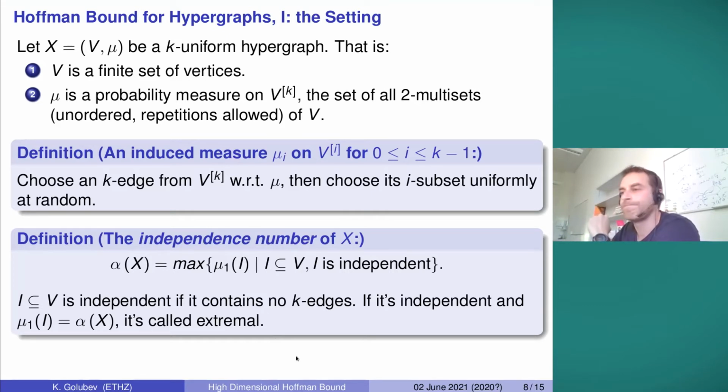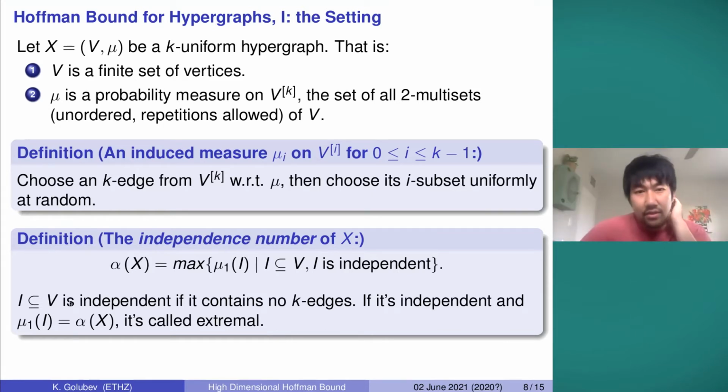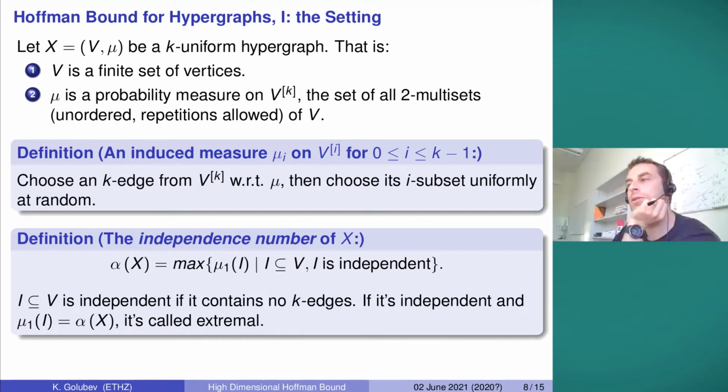And yeah, so is the setting clear here? Any questions? Good. Does it make sense to define some other version where mu_1 is replaced by maybe mu_2? Good question. It's not clear then, but then we would need to consider subsets of edges.